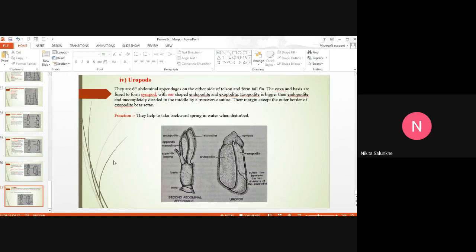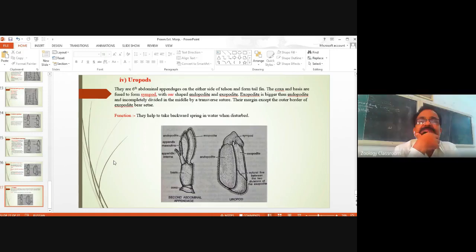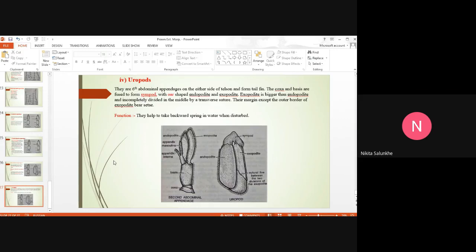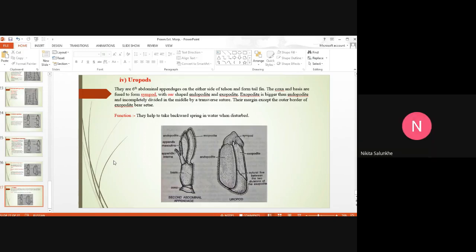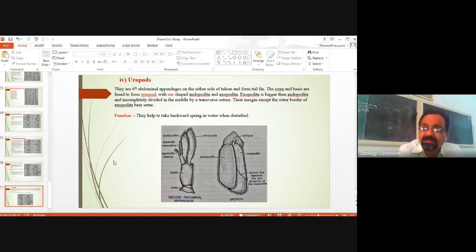They are in front of the mouth, so the answer is preoral. And the rest of the three are mandibles, maxillule, and maxilla. They are post-oral in position or origin.